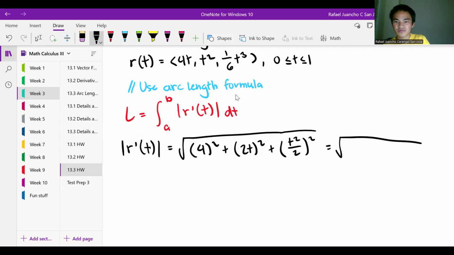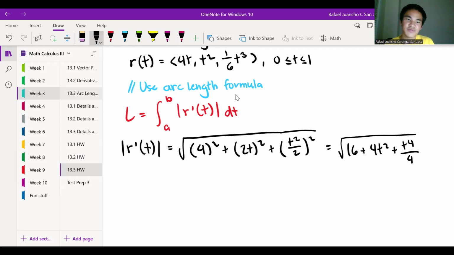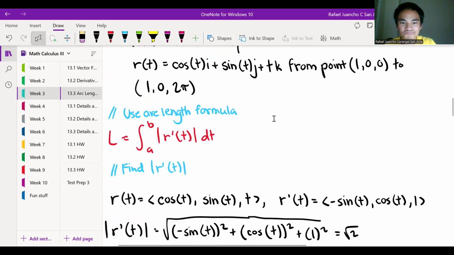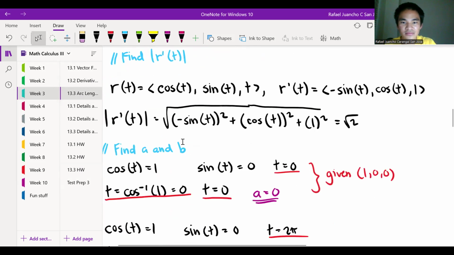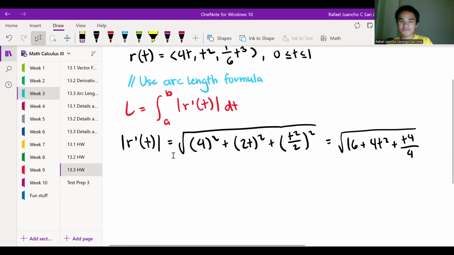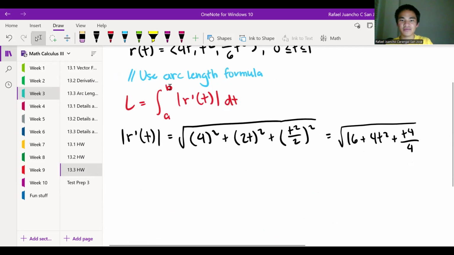It gives me the square root of 16 plus 4t squared plus t to the 4th over 4. That's something. Okay, and then we're supposed to get a and b.